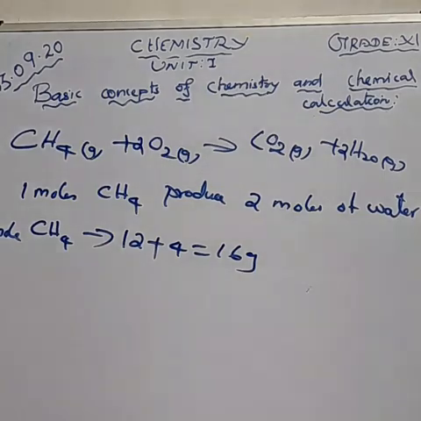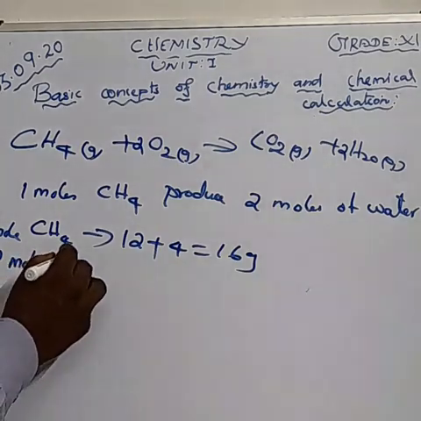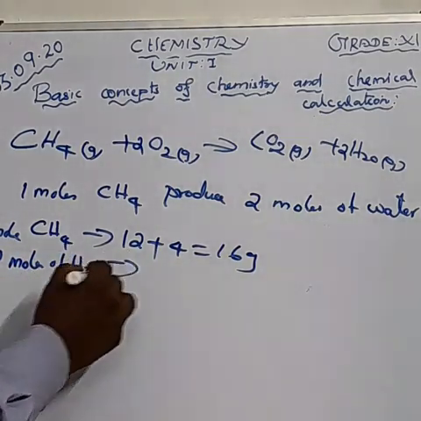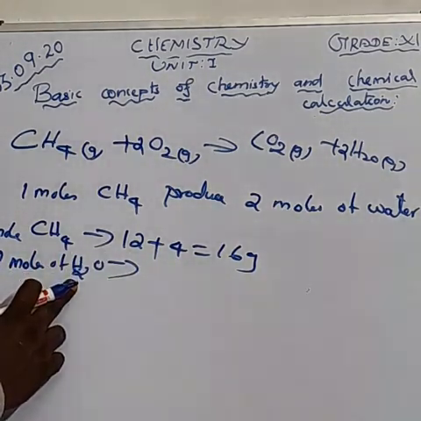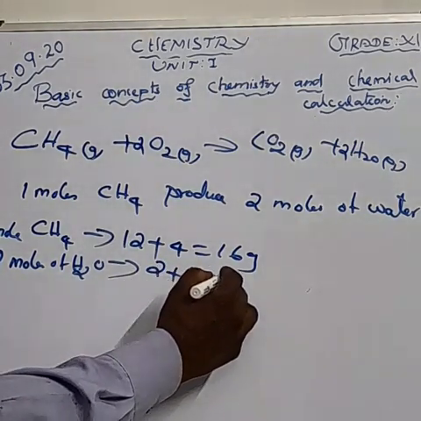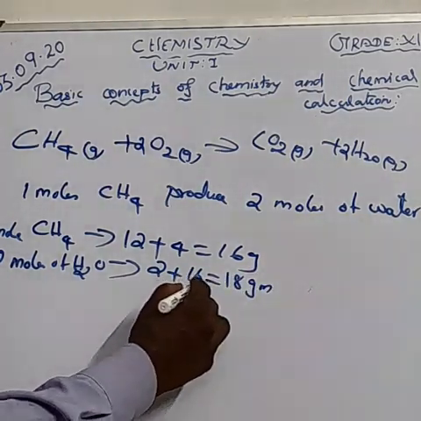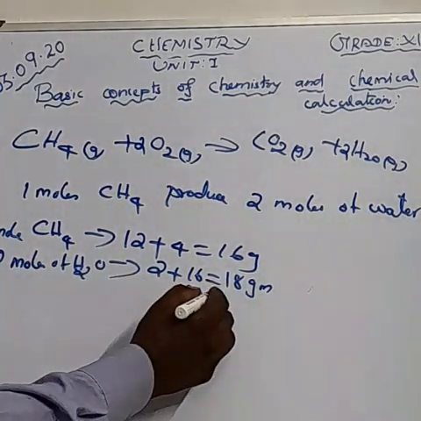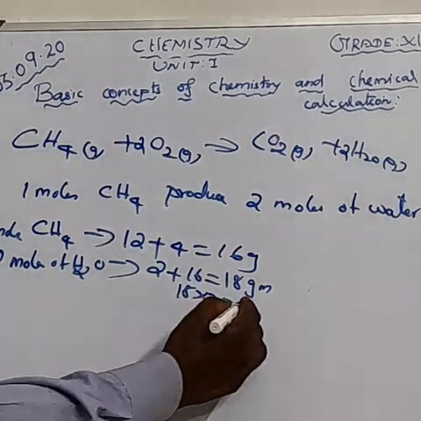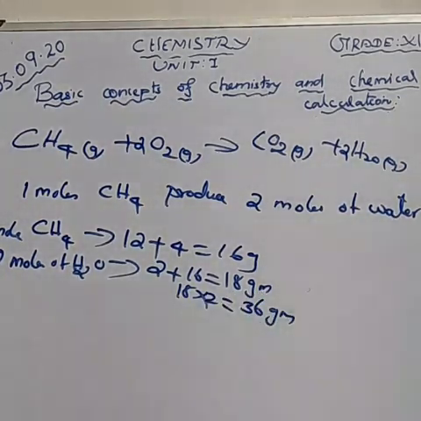Like that, 2 moles of water: hydrogen 2 plus oxygen 16 is equal to 18 gram. 18 into 2 moles is equal to 36 gram.